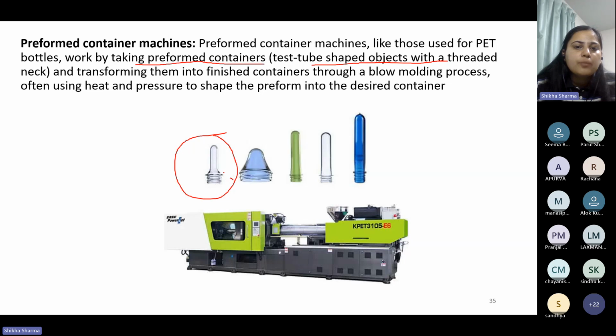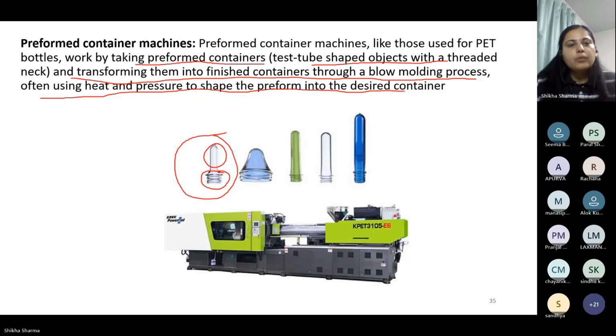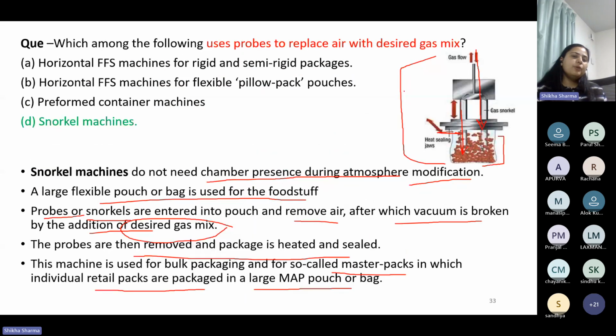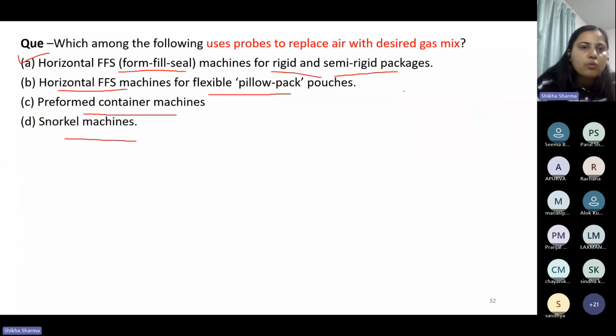This is the bottle thread, and this is where we blow gas, transforming them into finished containers through a blow molding process, often using heat and pressure to shape the preform into the desired container. So when we give heat and blow air, the preform takes the shape of a bottle.